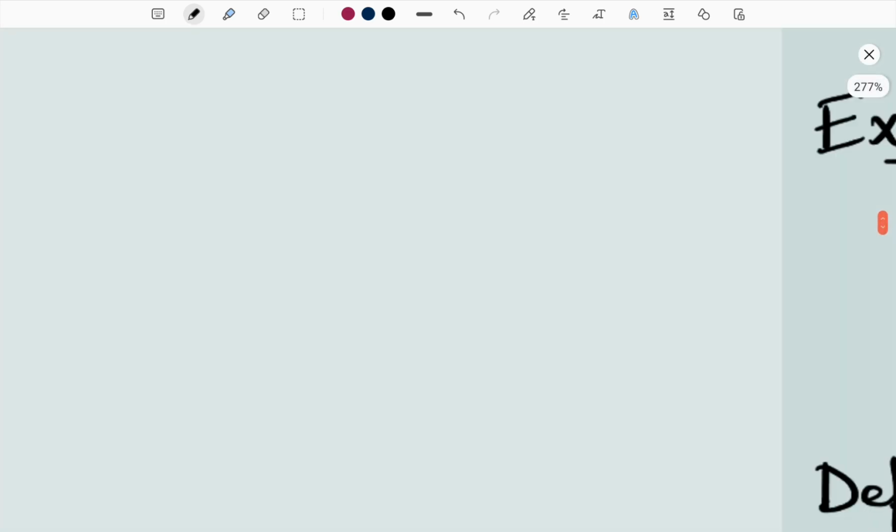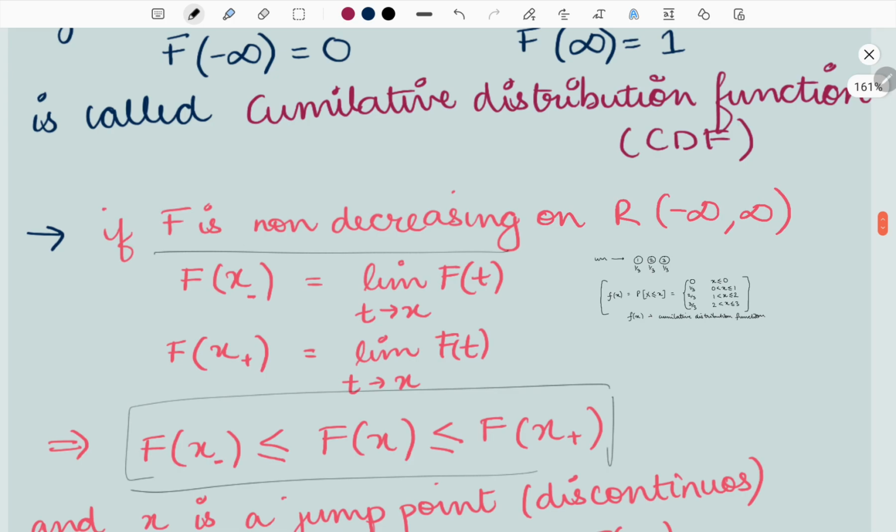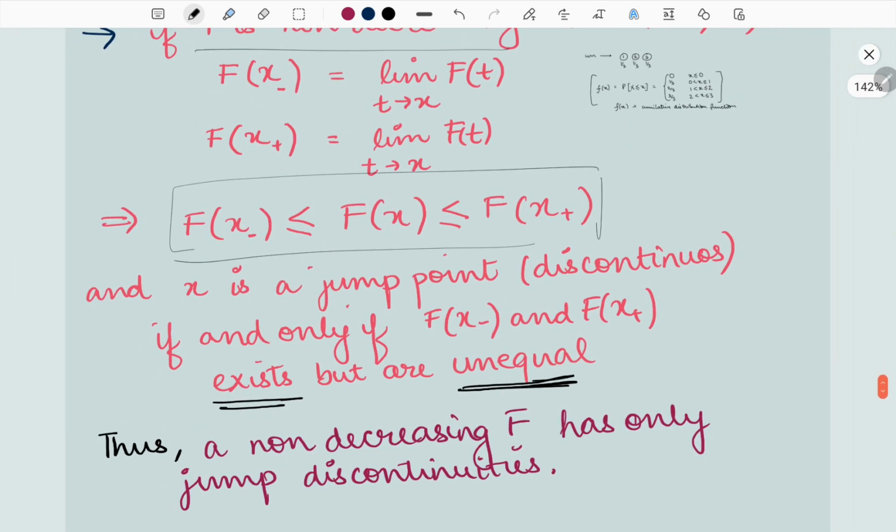As we can already see, the values are increasing: 0, then 1 by 3, 2 by 3, and 3 by 3. Let's suppose this is a graph. A slope can be 0 to infinity, so the values will always increase, and from this we can say that whatever discontinuity there is, we will get only upward discontinuity, not downward.